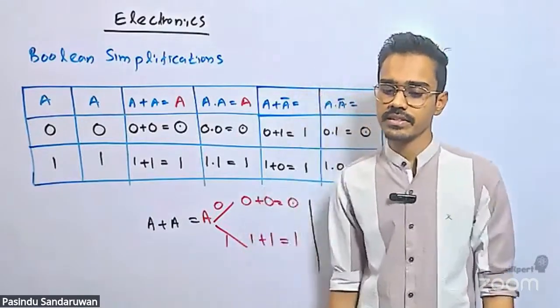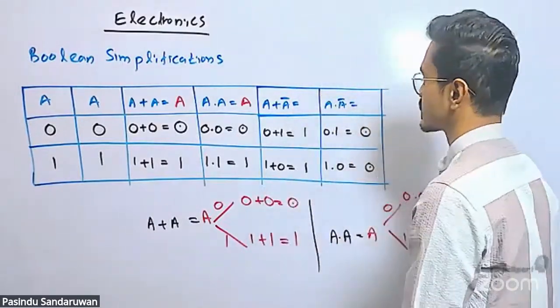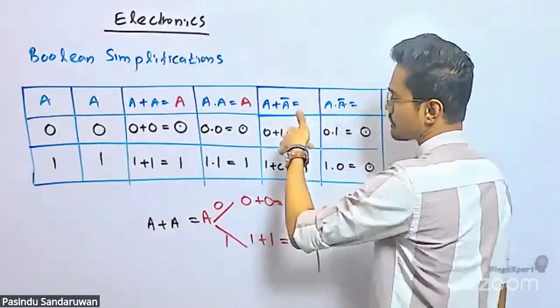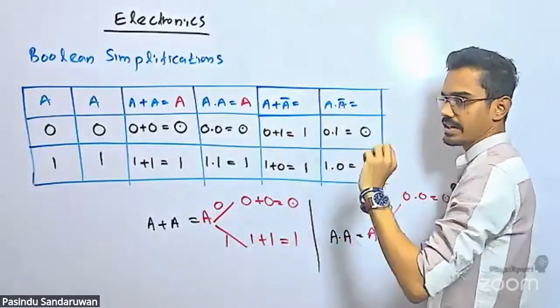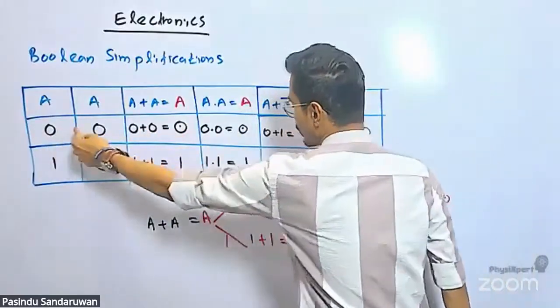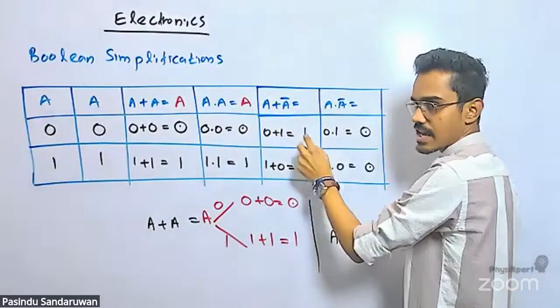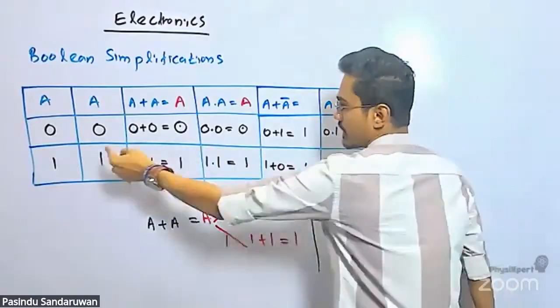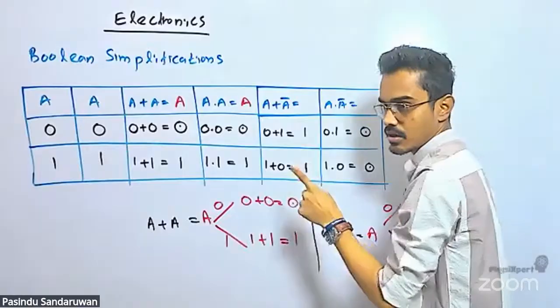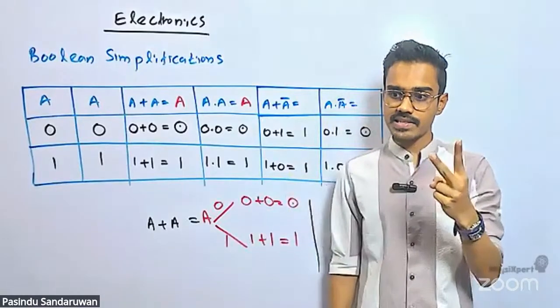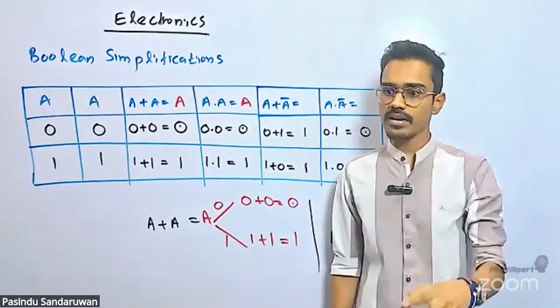That's the simplicity, right? Then when it comes to something like this, it is special for us, but we have only two possibilities. When A is 0, this expression is 1, right? When A is 1, that is again 1, right? Then in both possibilities, that is 1, right?